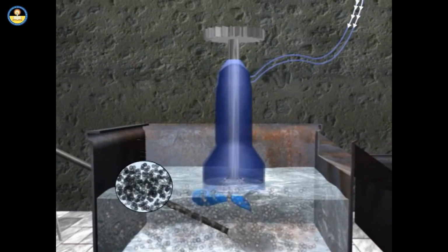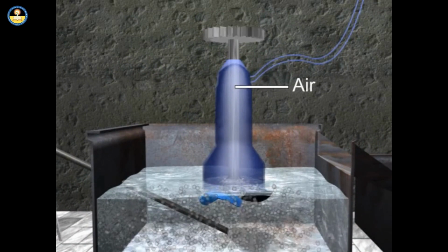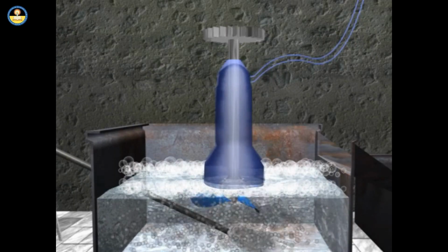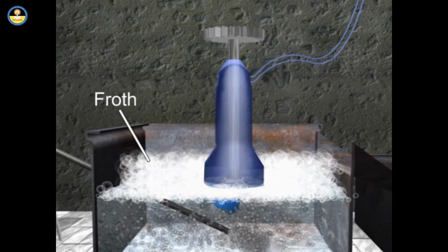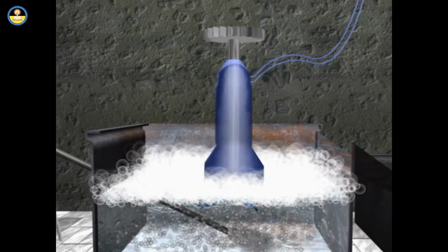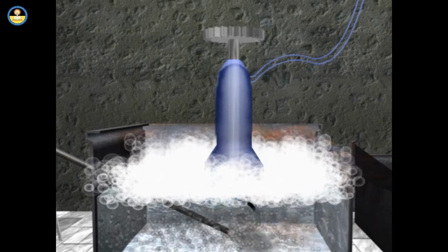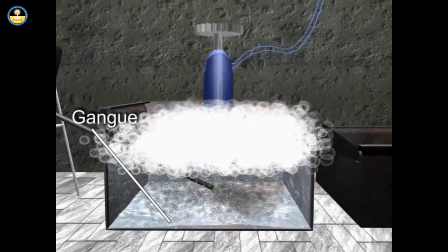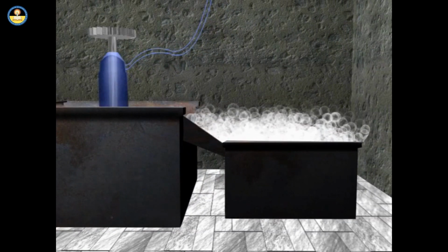The water in the tank is agitated by blowing in compressed air. Froth is formed in this process. The sulfide ore particles stick to the froth and rise to the surface along with the froth. The gangue particles are left behind in the tank.